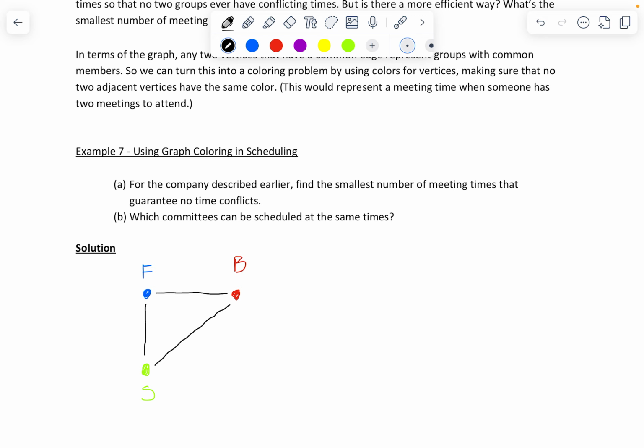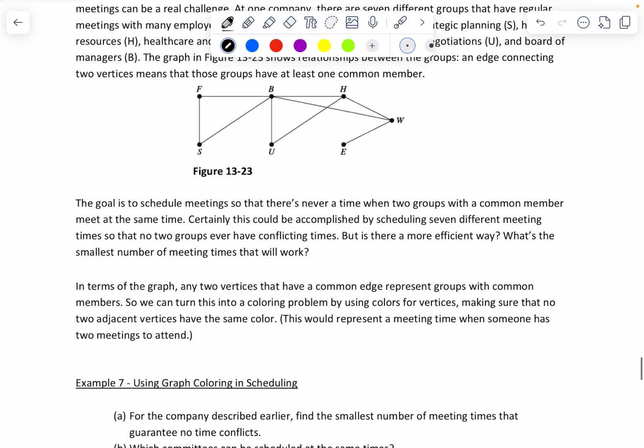Okay, now let's go back up here. Vertex U right here can be colored blue, which requires H to be colored green. Notice that it's connected to vertex B, which is already red.